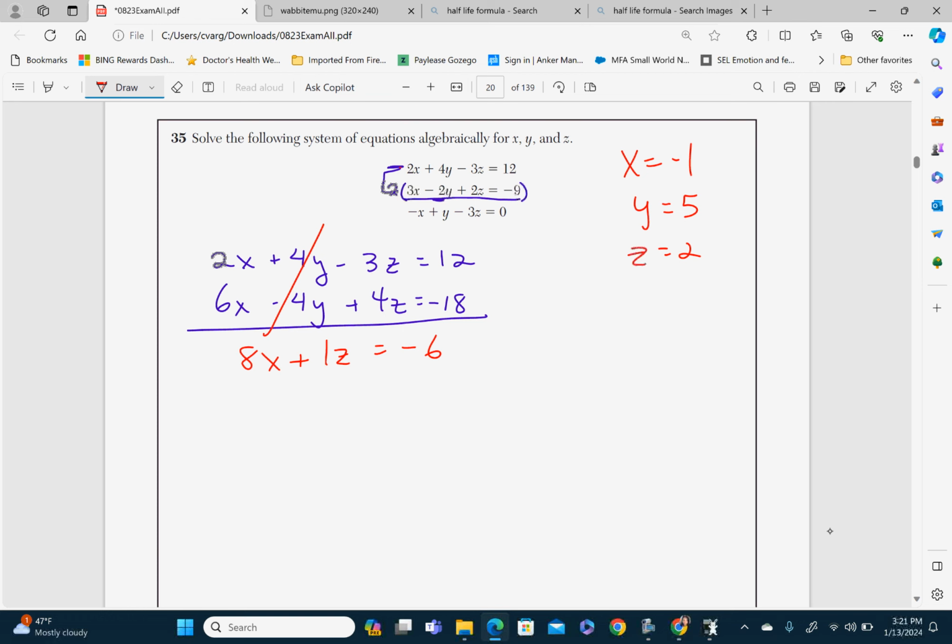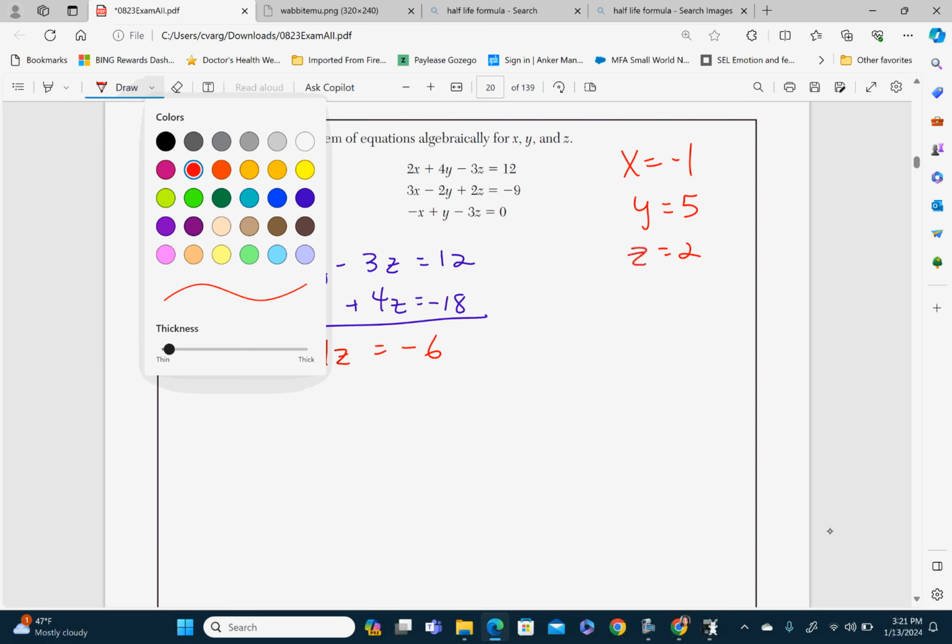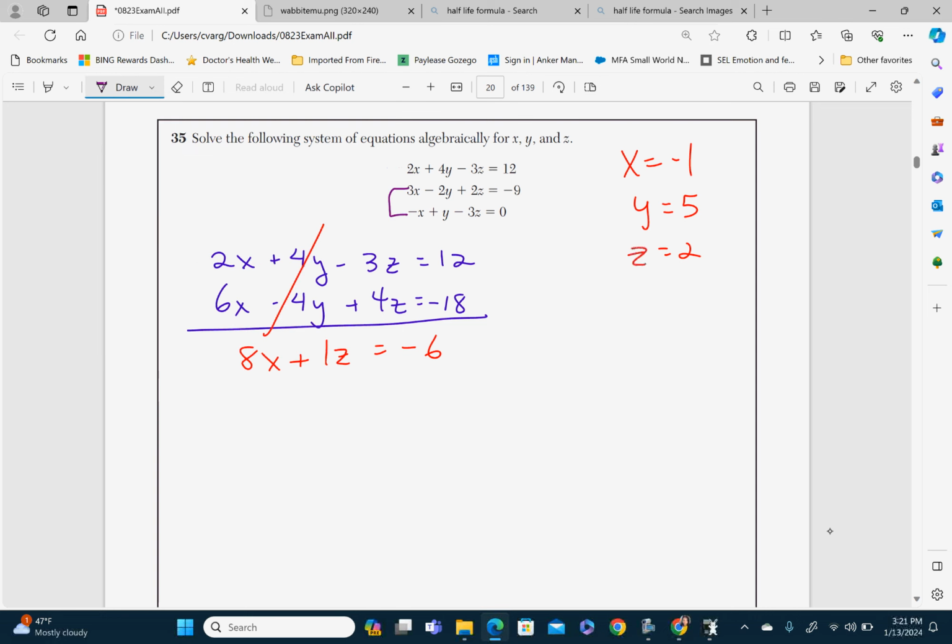Now I'm going to pick any other 2 equations. So let me just erase this. If I pick the bottom 2, let's go purple, if I pick these 2 right here, I still want to get my y's to cancel out. To get my y's to cancel out, I need that to be a positive 2y, because on the top is a -2y, which means that I have to multiply this whole thing by 2.